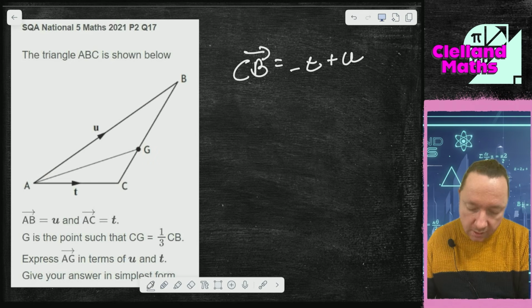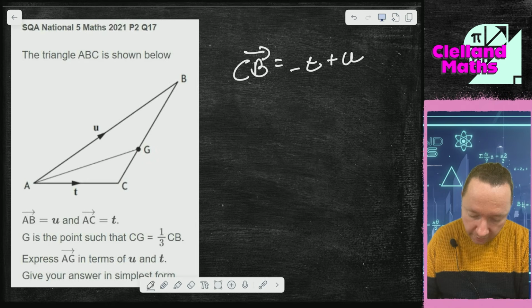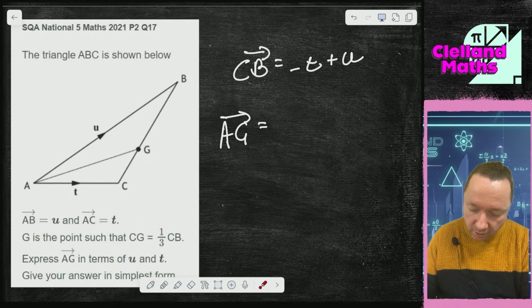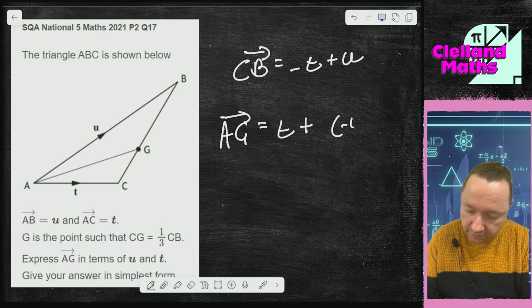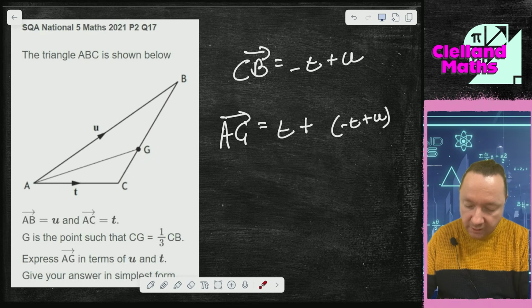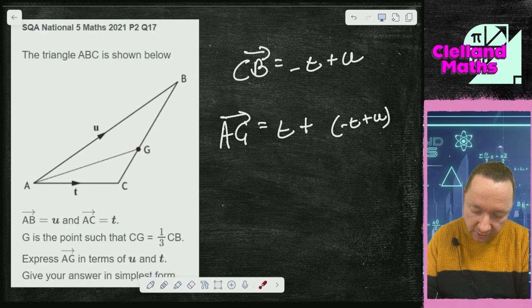Now I'm just going to write AG then. Well, I start at A and I go along to C, say, that's t, plus, and then I'm going along this one, so it's minus t add u, and it's just what fraction is it, because the whole line is minus t add u, but it does tell me that CG is a third of that, so plus a third, and there you go.